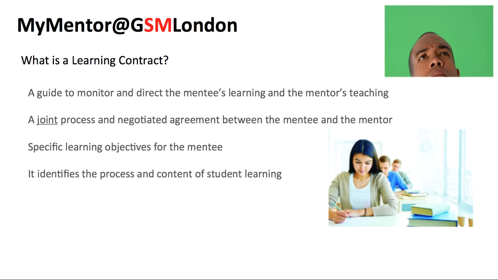So it's a joint process, so we would like you to work with the mentee to do this, picking a few key areas that they would like to work on that you think are also achievable within the time frame. These need to be very specific and definitely very time sensitive, just based on the fact that it only runs during the semester, and the students as well as yourselves will probably have a very limited amount of time.